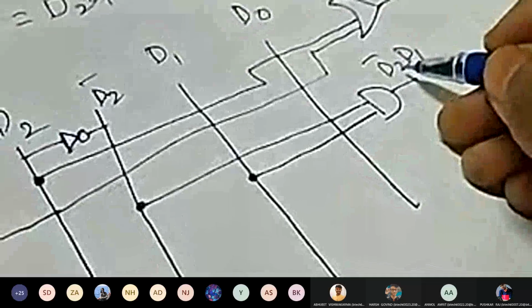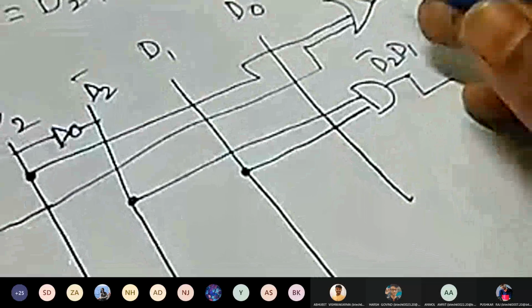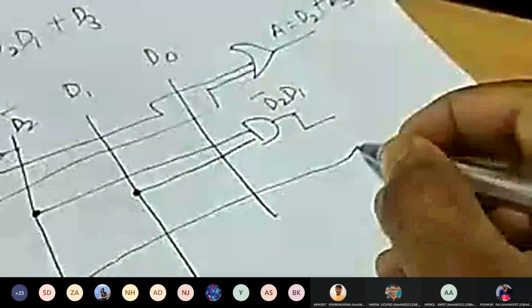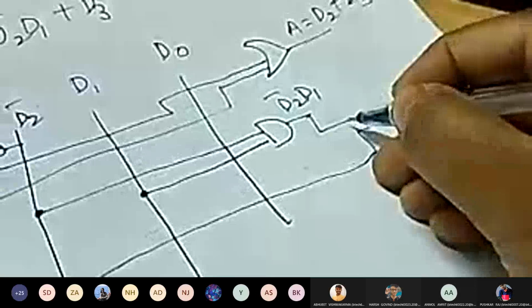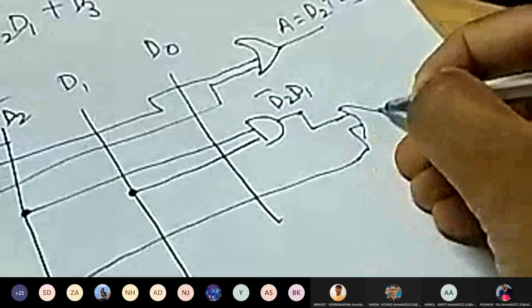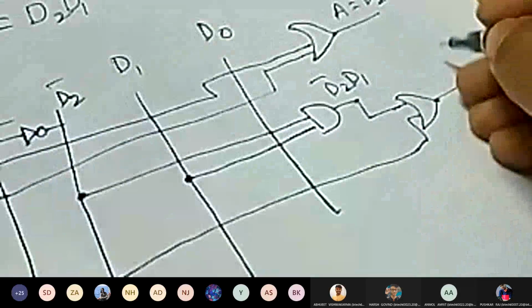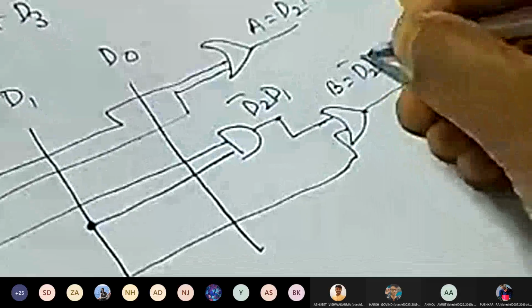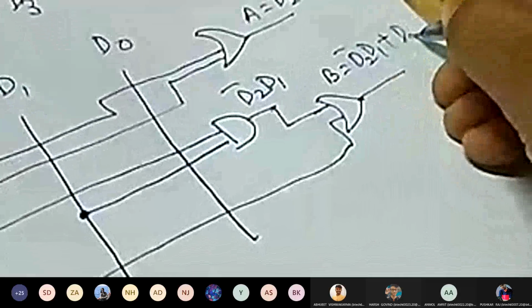So you got this value and this will be ORed with D3. So you take a value from D3. So make a connection from D3 here and you put it for the OR gate. So what value you are going to get here now? This is your B and that is equals to D2 bar D1 plus D3.